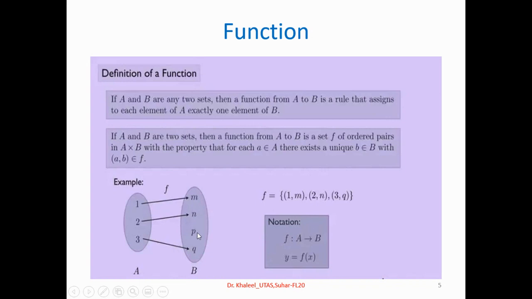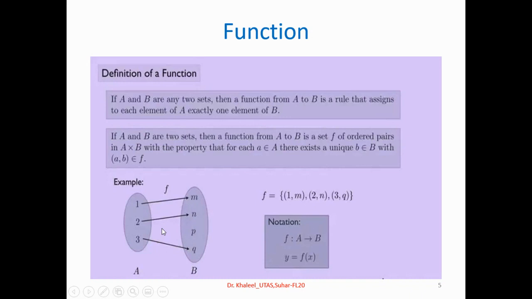Note that p is not related, which means there can be an element in B which may not be related to any element of A. But in a function, all the elements of A are related, and they are related to only one.